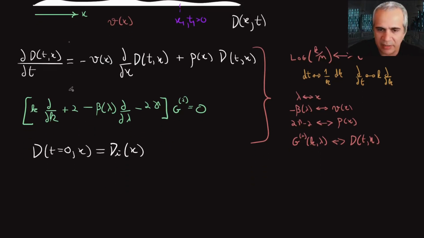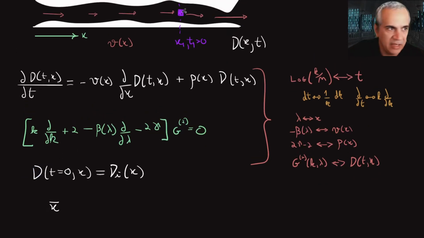I can define something which I'll call x bar, which is the position of this guy, if I go a certain time towards the past, right? So this guy is actually moving with this other time variable, which I'm calling t prime, right? And this is a function of t prime and x1, right?